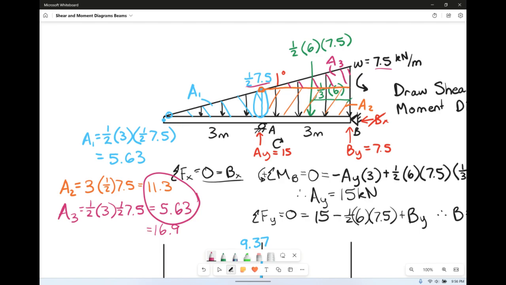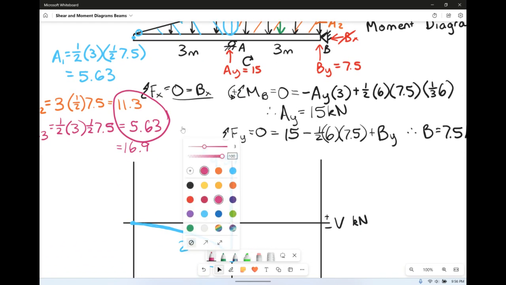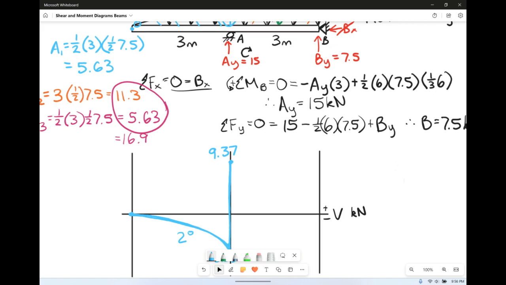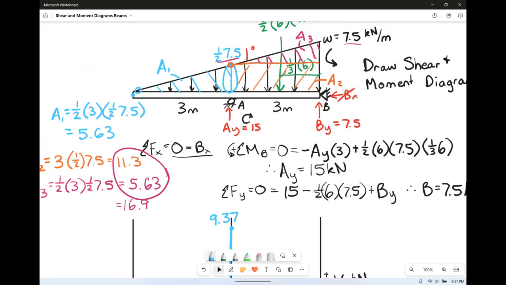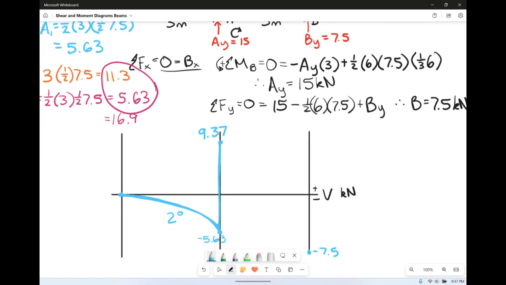So from our 9.37, we need to go down 16.9. So that's going to put us down here at negative 7.5. And again, we're starting off small, getting to really big. I mean, it's not small, but it's smaller, getting really big.